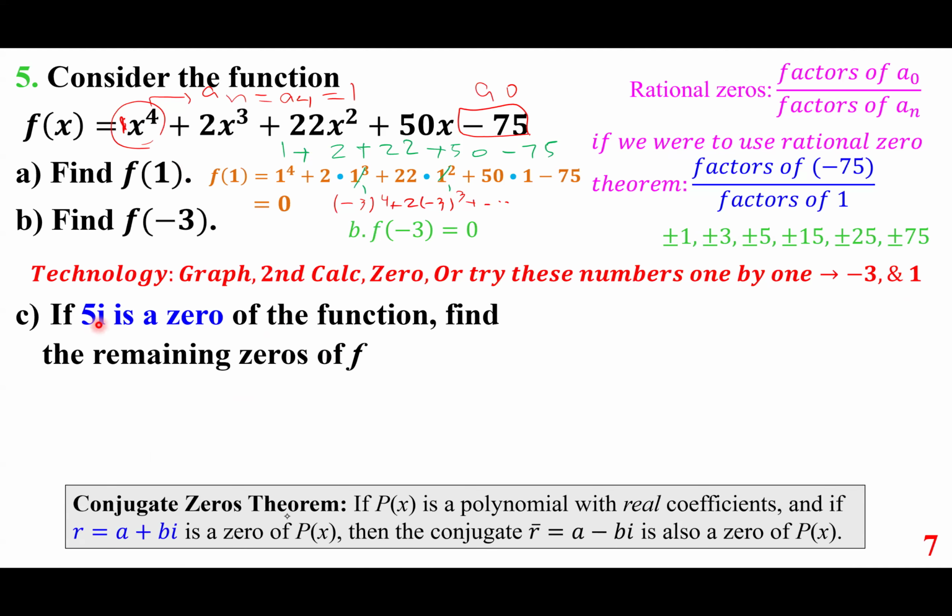So, conjugate zero theorem. If P of x is a polynomial with real coefficients, and if r equals a plus bi is a 0 of P of x, then the conjugate r bar, a minus bi, is also a 0 of P of x. So if a plus bi is a root, so is a minus bi. So 5i, its conjugate is negative 5i.